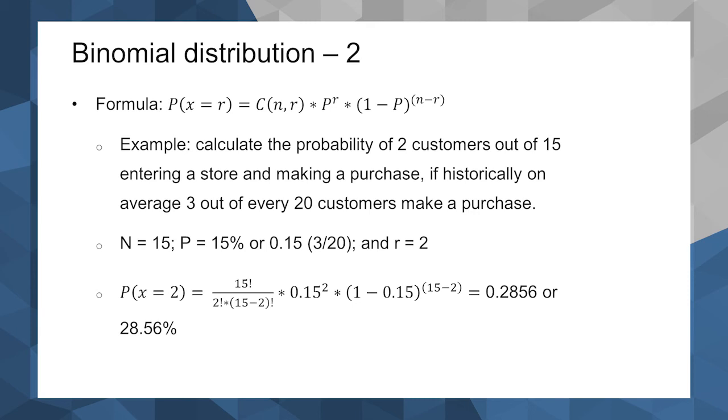So you can do 15 times 14 times 13 factorial, cross out with 13 factorial in the denominator, and so you're left with 15 times 14 over 2, or 15 times 7 effectively. So you've got 105 possible combinations of two customers buying something out of the 15 that come into the store.